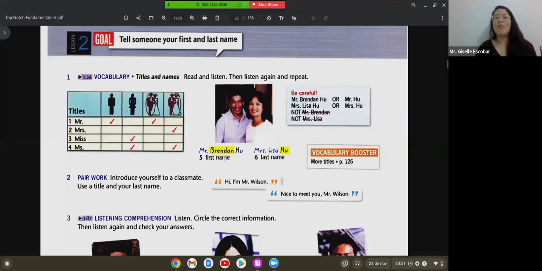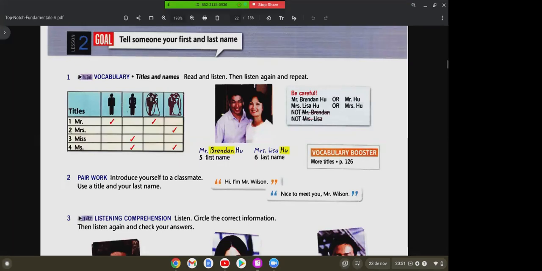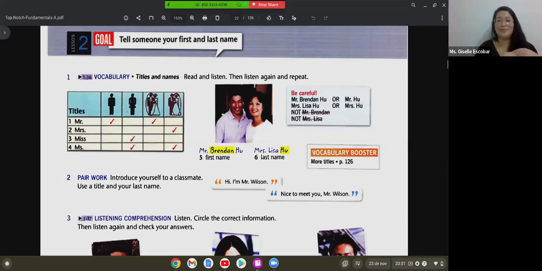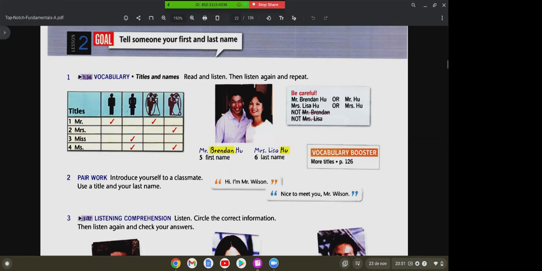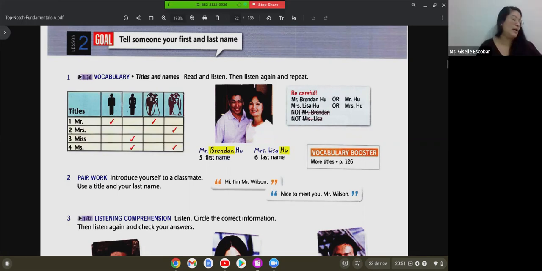Lady se ocupa más como dama. ¿Han escuchado la expresión ladies and gentlemen? Damas y caballeros. Entonces, ladies se utiliza más como para decir dama. Por ejemplo, la primera dama del Salvador, the first lady of El Salvador. Entonces, lady es más como para decir dama. Y señorita ya es un poquito más como lo vemos acá, Miss.